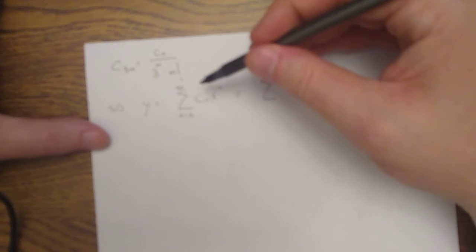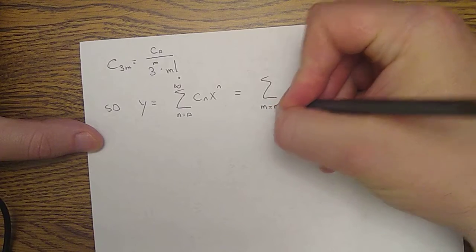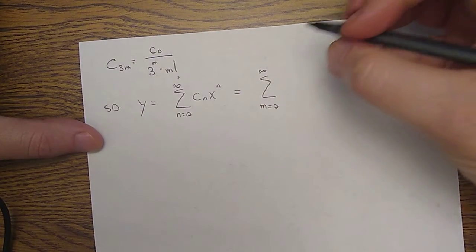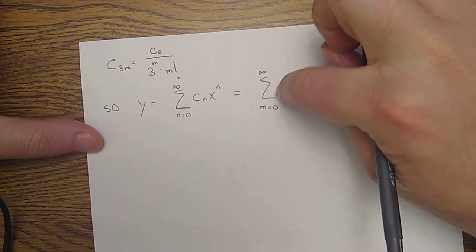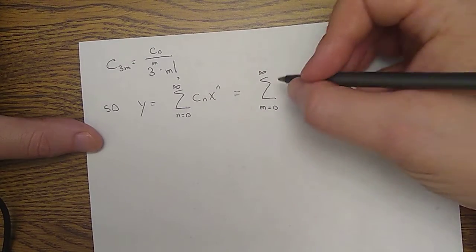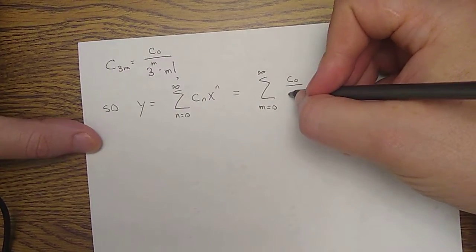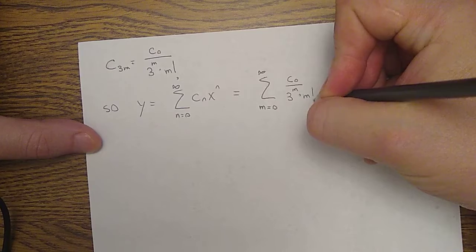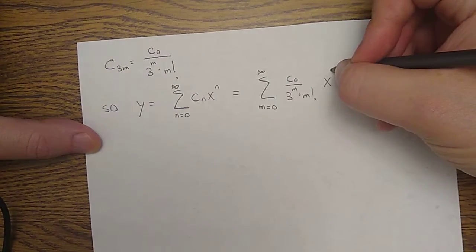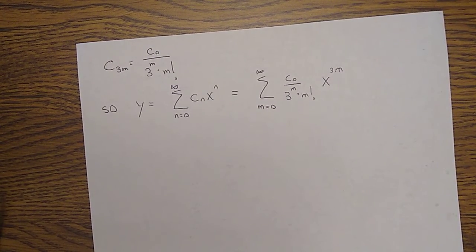Once again, we can focus only on the multiples of 3, so let me index this by m. Basically n is 3m, so I'm going to put C sub 3m x to the 3m. And so that's our power series solution.